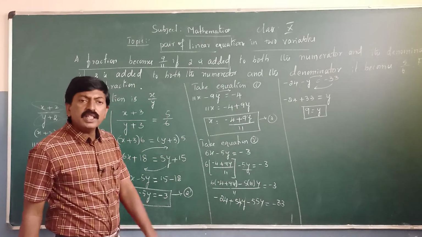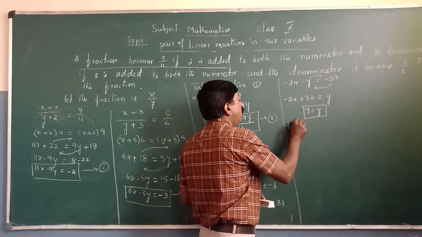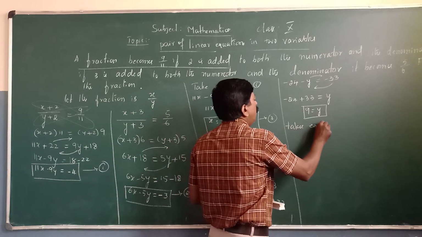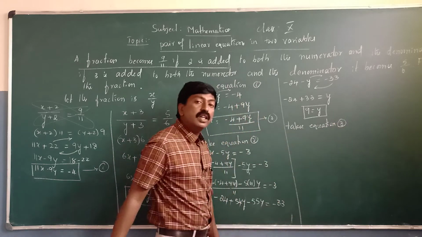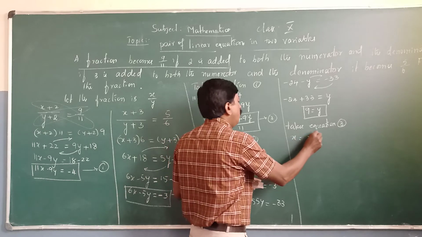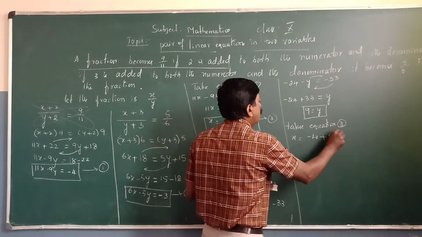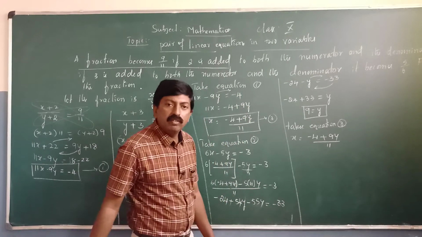So how to find x value? It's very easy. Take equation 3. Which is that equation? x is equal to minus 4 plus 9y divided by 11.